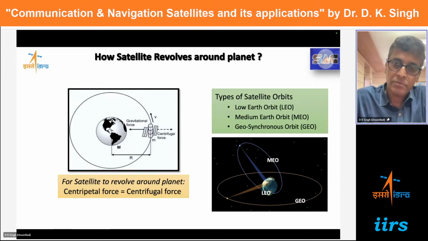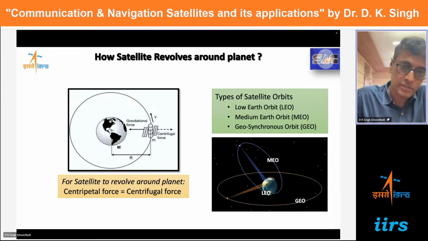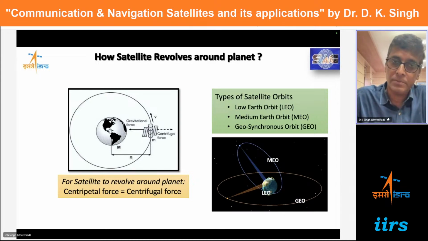We have satellites which are a few thousand kilometers away, and we have a satellite which is called geostationary, which moves with the earth. That is around 36,000 kilometers away. The basic principle remains centripetal force equal to centrifugal force. If that can happen, then we get a stable orbit.